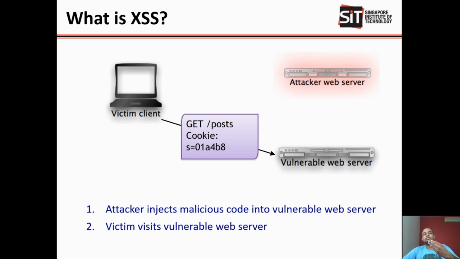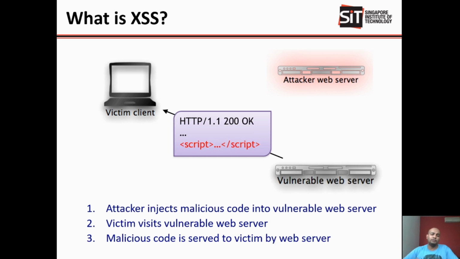The victim asks for something from this vulnerable web server, and to cater to that request, the web server will respond back with a good response to the victim client. According to the web server, the response is legitimate with nothing wrong, but we know that the attacker has already injected malicious code into the web server.